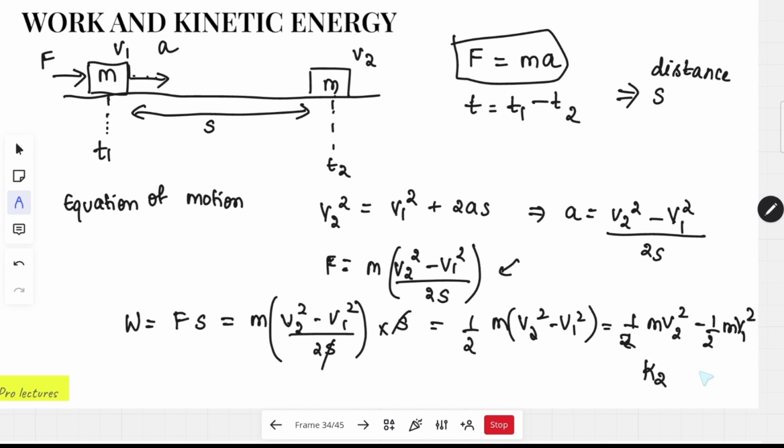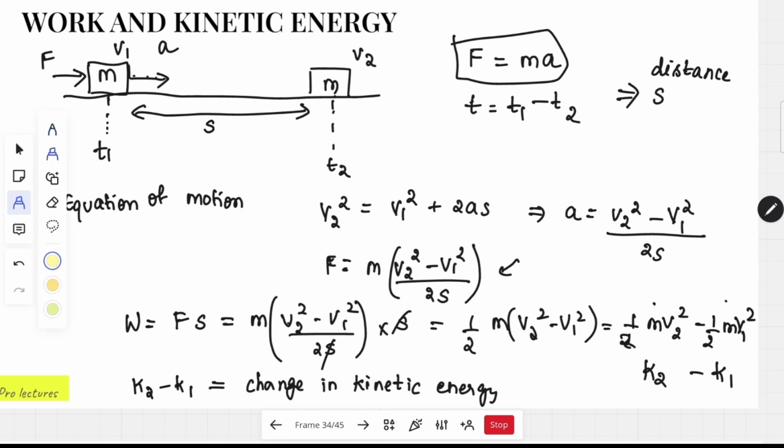So this is K2 minus K1, the kinetic energy. This is the final kinetic energy, this is the initial kinetic energy. So K2 minus K1 denotes the change in kinetic energy, which is equal to the work done by force.